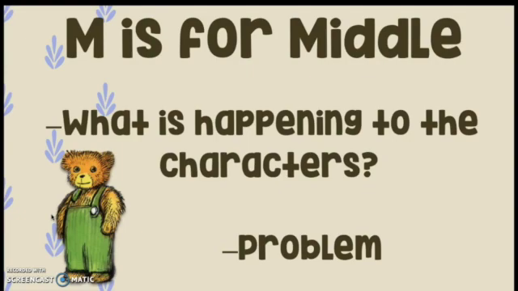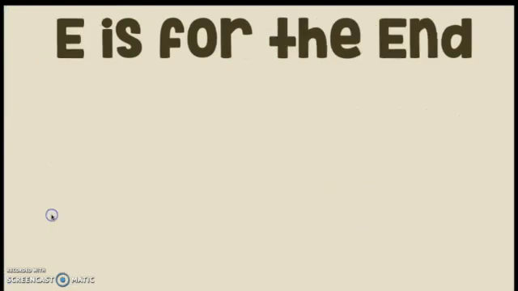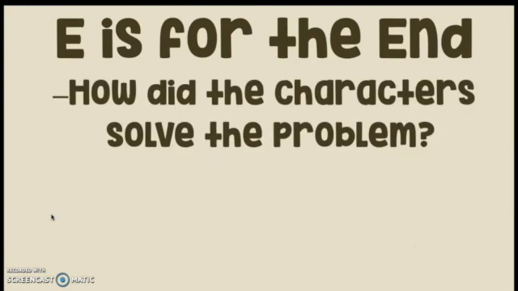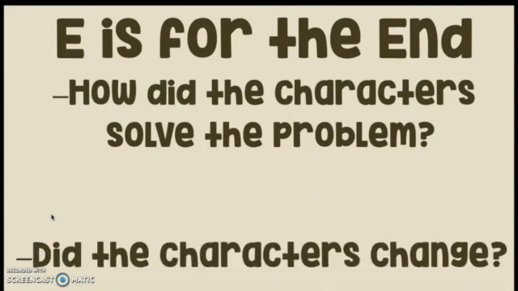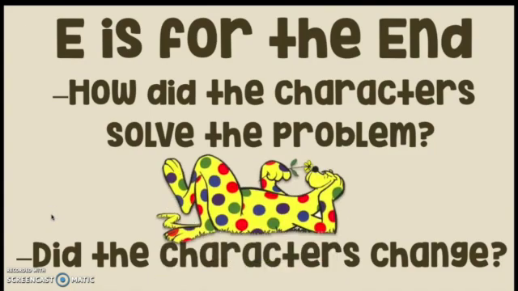Now, friends, we have the next event in the story that's called the E. E is for end. So for example, how did the character solve that problem? Also, did the characters change? But we're going to focus on the problem. Here I have a friend that I'd like to introduce to you. In his book, in the beginning, he tells us that his biggest desire, his biggest wish is to be part of a zoo.